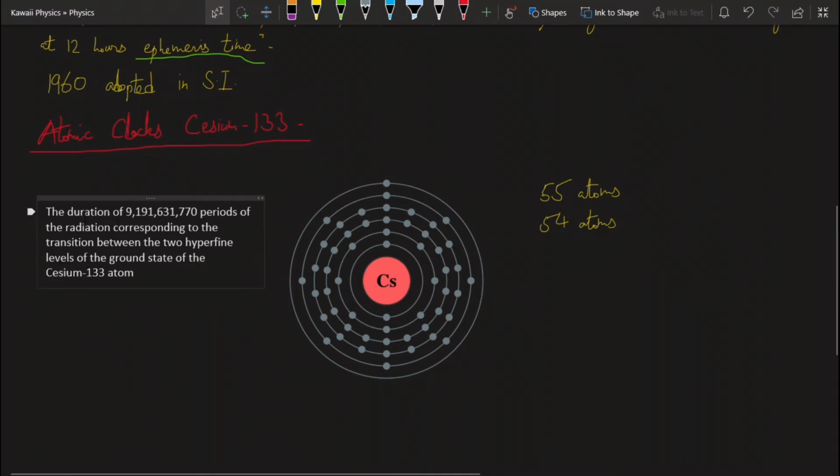So it's saying roughly 9 billion periods of the radiation.